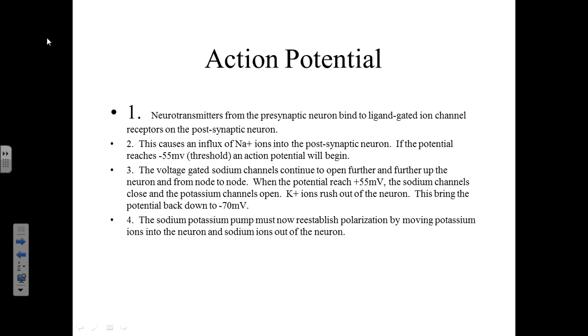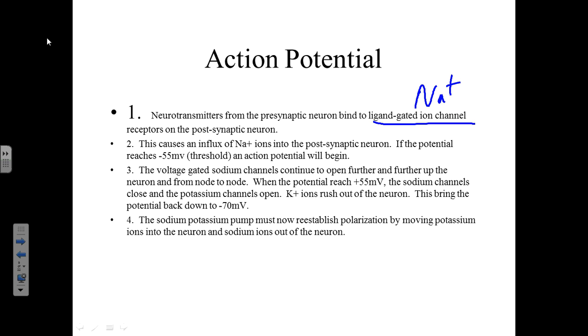This is kind of a summary of what I just said. For an action potential to happen, neurotransmitters from the presynaptic neuron bind to ligand-gated ion channels on the postsynaptic neuron. And again, those channels are channels for sodium. They open.